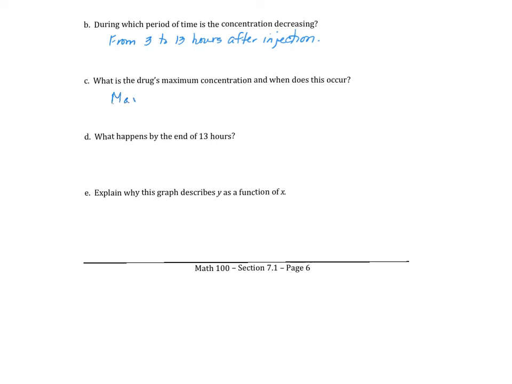So I'm going to put maximum concentration is 0.05, and if it's milligrams per 100 milliliters, I could do mg over 100 ml, or I could just write it out if I'm not sure of the abbreviation.